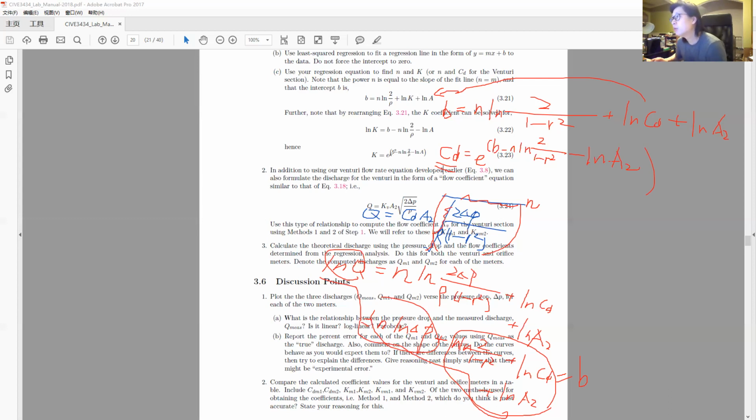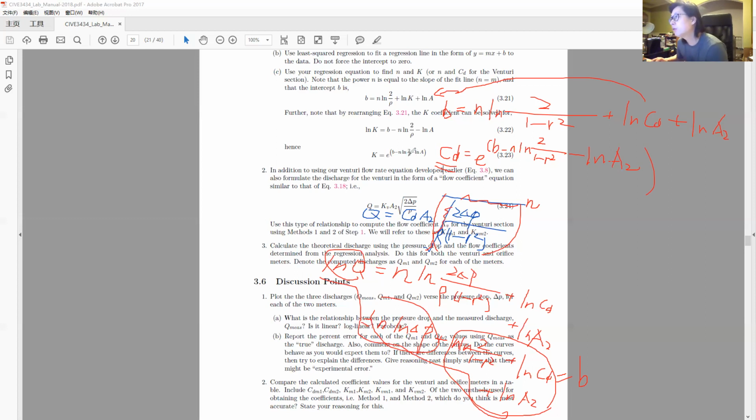The equation is a little bit different. It's no more log A, because log A is the opening of the orifice, and A2 is the area of the contraction for the Venturi meter.